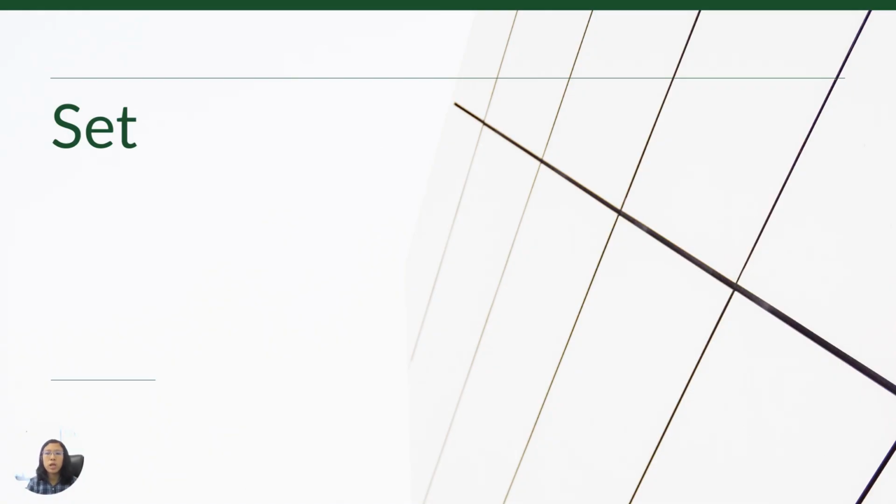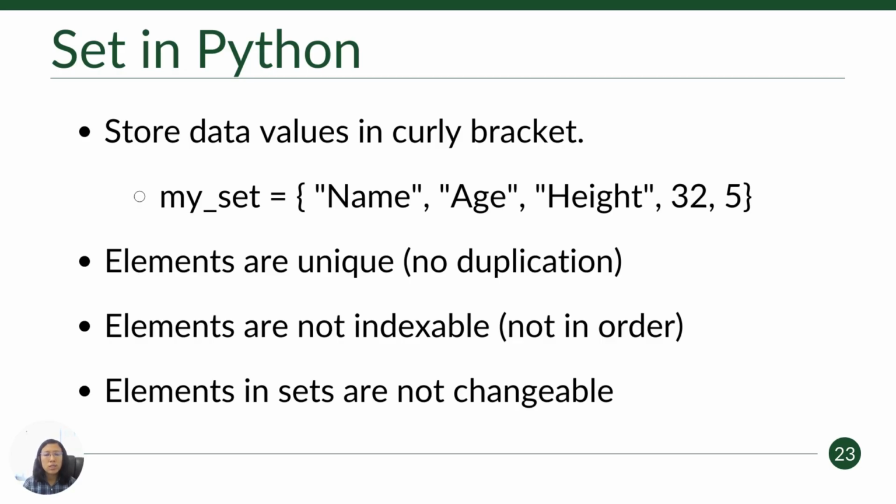Now let's move on to the set compound data type. So set is like dictionary. You use curly brackets. The only thing is set doesn't store key value pairs. Each element is stored individually. Elements are unique in a set. If you put the same value more than once inside this set, it will not be duplicated.